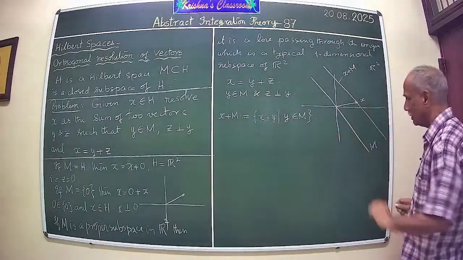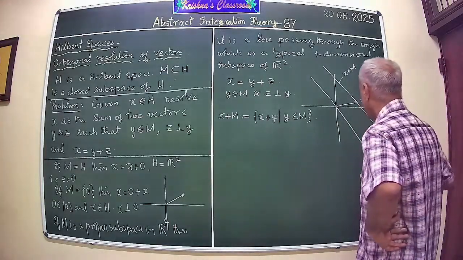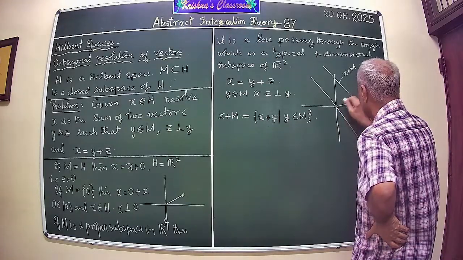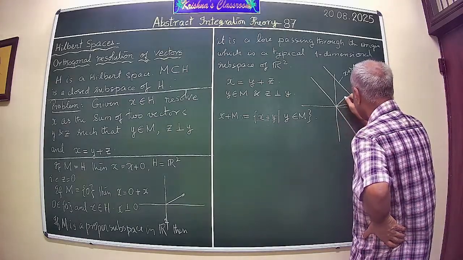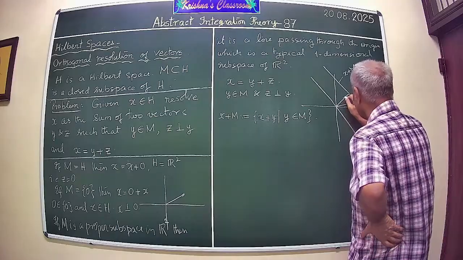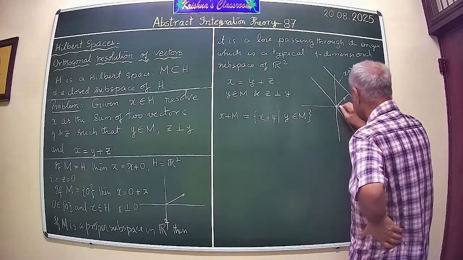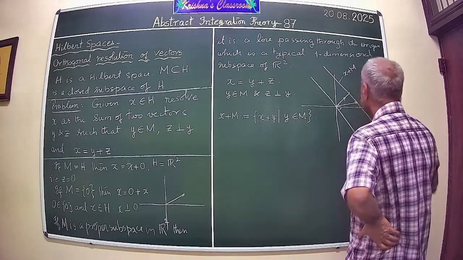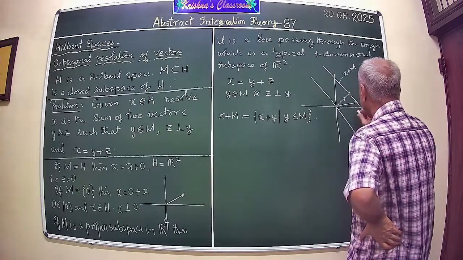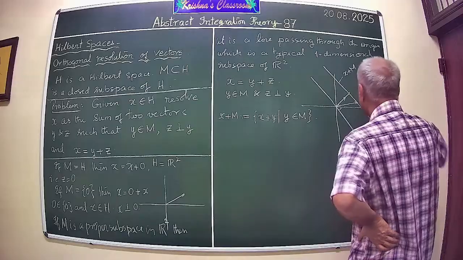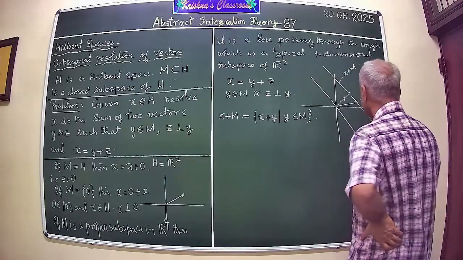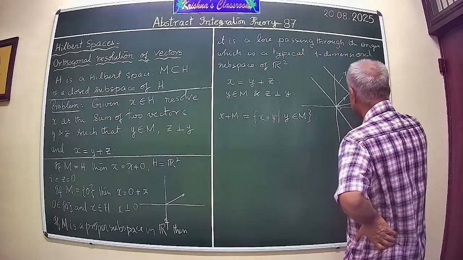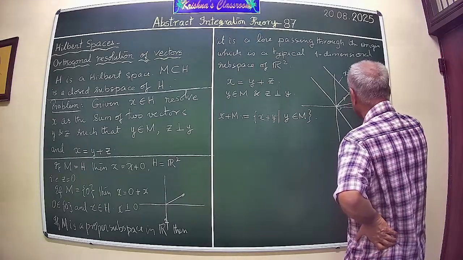Let us look at the geometry of the problem. We should get a vector which is orthogonal to M and which belongs to x plus M. Let's call this z.